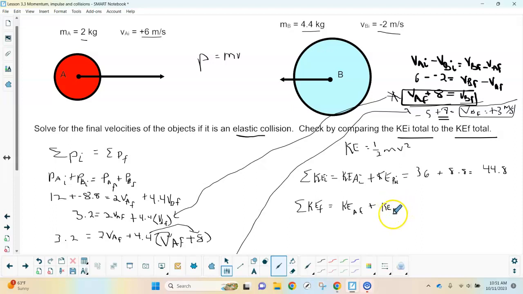You can verify it using the kinetic energy equation, but you're just going to do this for each term. So 0.5 times 2 times the final velocity of A, which was negative 5, and 5 squared is 25, so that gets you 25. Plus, now we have to do it for B, so 0.5 times 4.4 times 3 squared, which is 9, and that gets you 19.8.